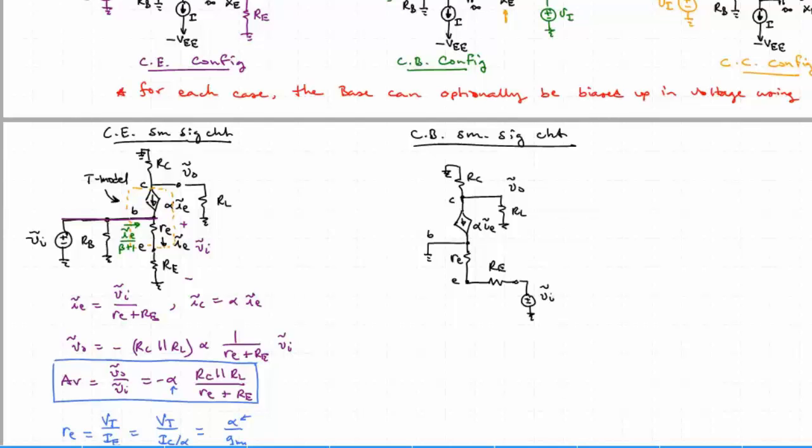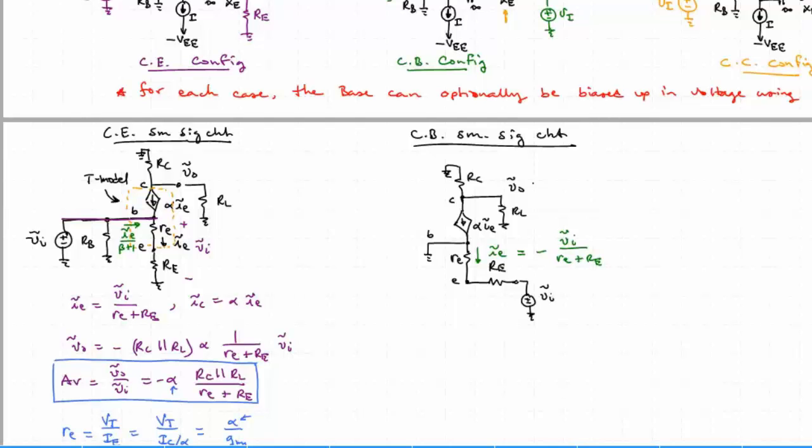So now let's look at the emitter current, IE. IE is again going to be equal to VI applied across the two resistors, but notice that the polarity is opposite. Now we have minus VI over the sum of these resistances.